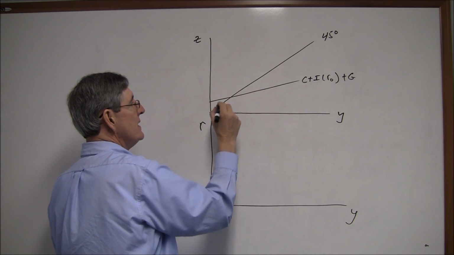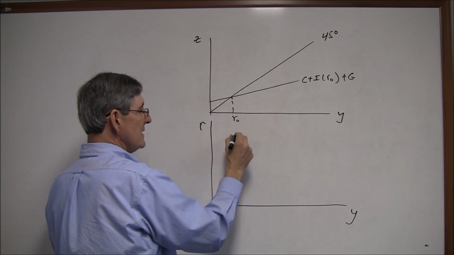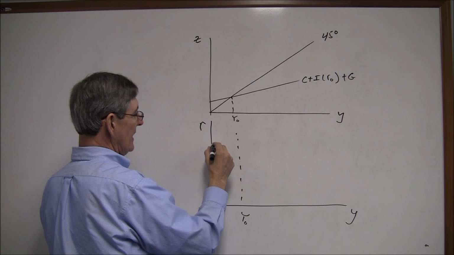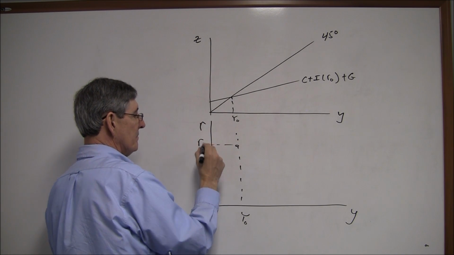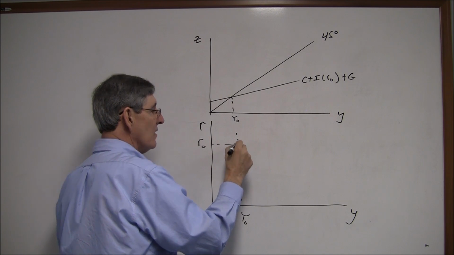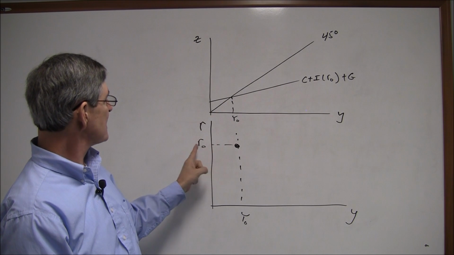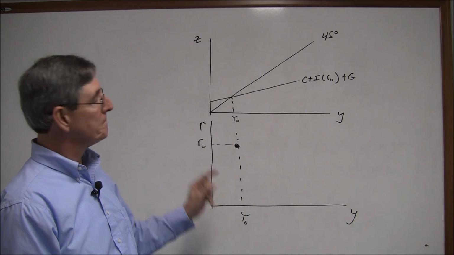So at an interest rate of R0, income is Y0. So let's come down here. Here's Y0. And let's just say R0 is somewhere on here, right there. Okay? So that's our initial equilibrium point in the goods market. So this is the goods market. That's one pair R and Y. That's an equilibrium.